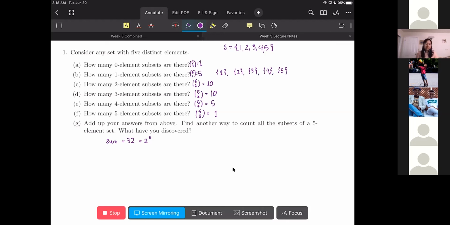So what we've discovered here is that if we want to count all the subsets of a 5-element set, the number of subsets of a 5-element set is 2 to the 5th. If we count it that way, why? Whoever said that, can you give a quick explanation?